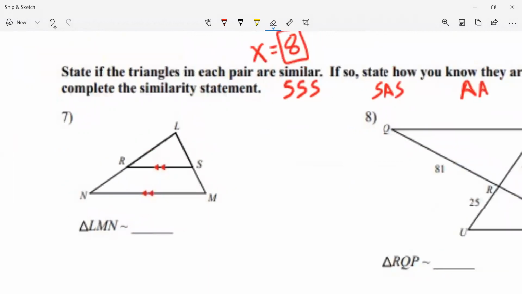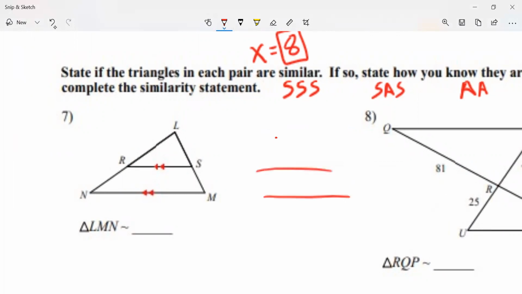Now here, question number 7. I don't see any numbers at all. I only see two sides that are parallel. One thing I remembered is that if I had two lines that were parallel and I had a side that crossed them, I remember this rule that we called corresponding angles.